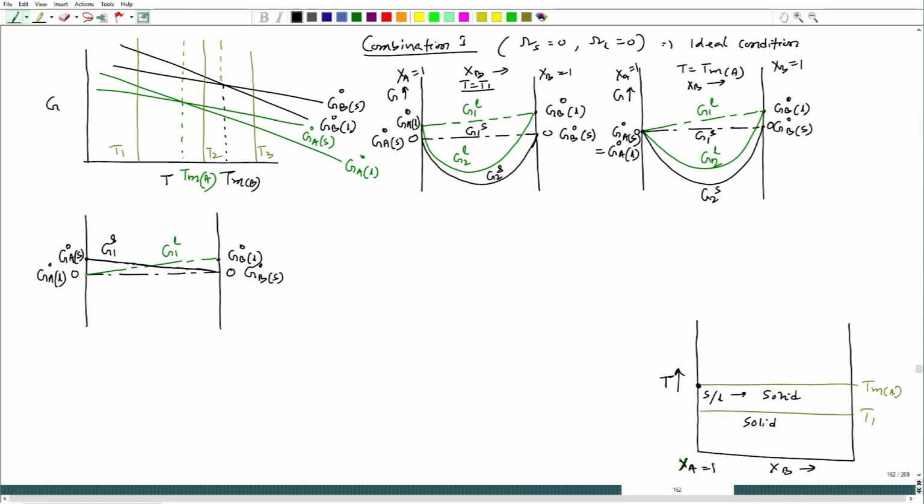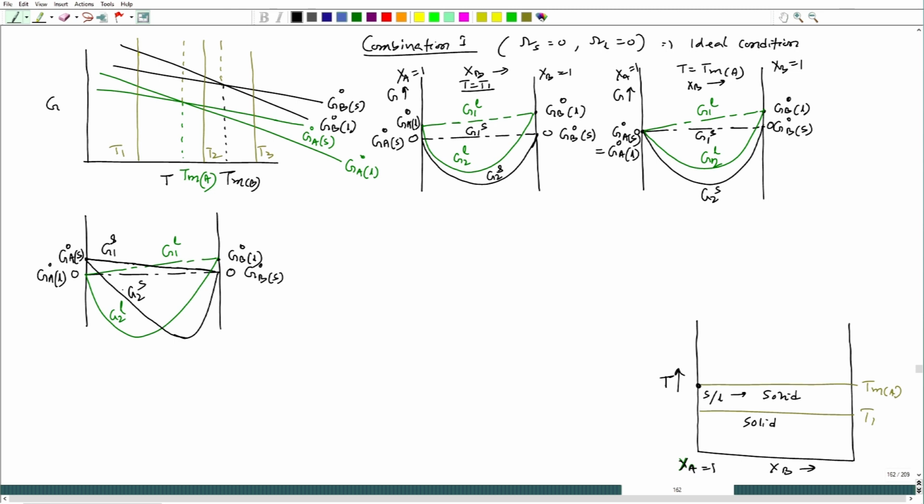Then G2 liquid we have to draw. This will be G2 liquid and G2 solid is this. This is G2 solid.